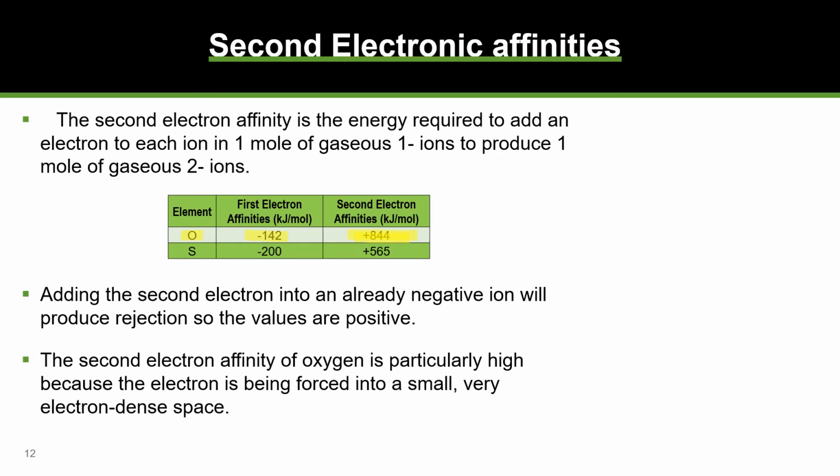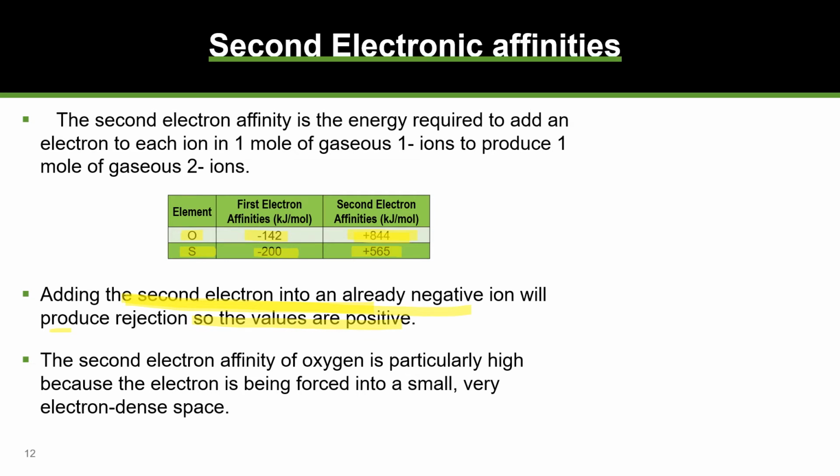The same happens with sulfur. It's -200 compared with positive 565 kilojoules per mole. That is because adding the second electron into an already negative ion will produce a kind of rejection between the electrons in the cloud, and that's why the values are positive.